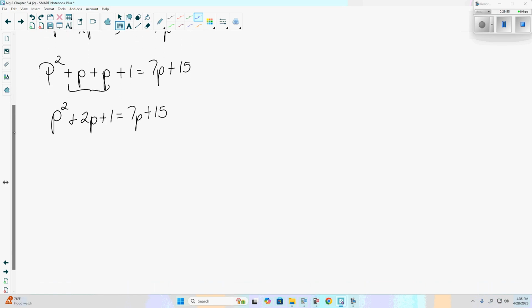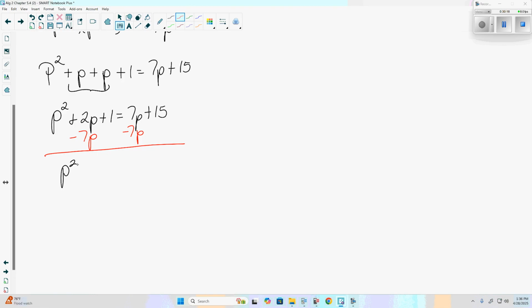Questions on how we got to this point here? Okay. We do have a squared term and a middle term, so we do need to get this equation equal to 0. So we can subtract 7p from both sides.